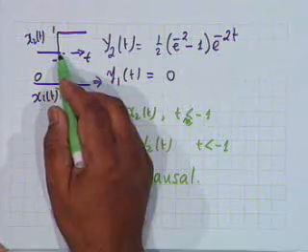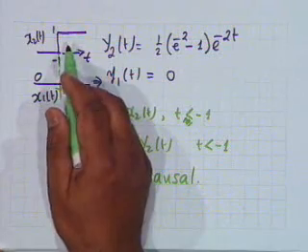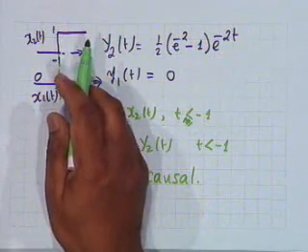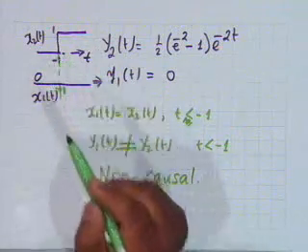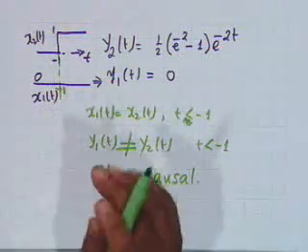The basic problem here was that we assumed y of 0 equal to 0, and one of our inputs became non-zero before t equal to 0. One of our inputs x2 became non-zero at t equal to minus 1. That is the problem.